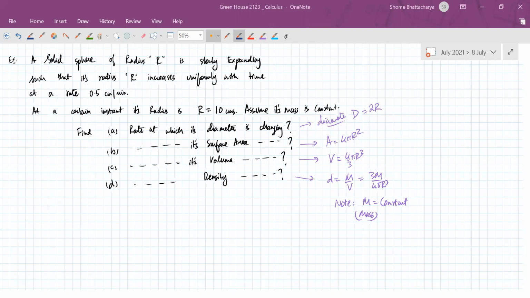The value is correct, what you said. But per minute, not per second. Yes, the second part is also correct. So the A part's answer will be: diameter is increasing at the rate of 1 centimeter per minute.